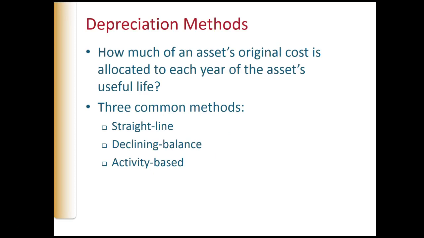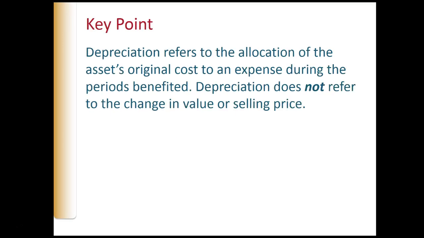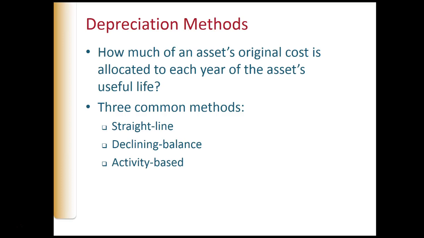There are 3 primary methods of depreciation. First, the straight line is a method that simply takes an equal amount of depreciation each year. It's by far the most common method used in financial accounting. The declining balance method is an accelerated method, meaning more depreciation gets taken in early years than in the later years of an asset's life.